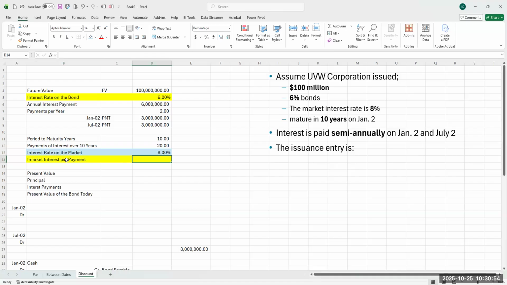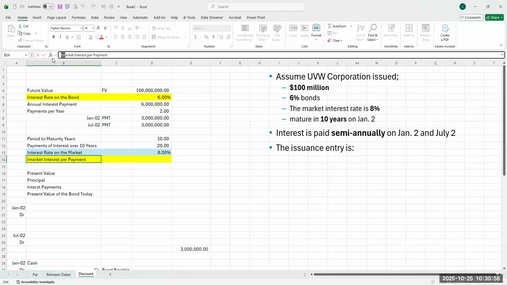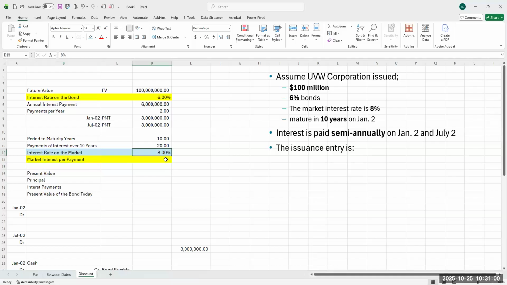How much will be the market interest for every payment that I'm making? Is it going to be 8% or less? Less. How much exactly? It will be 8% divided by 2. Why? Because I'm paying twice per year. Make sense?